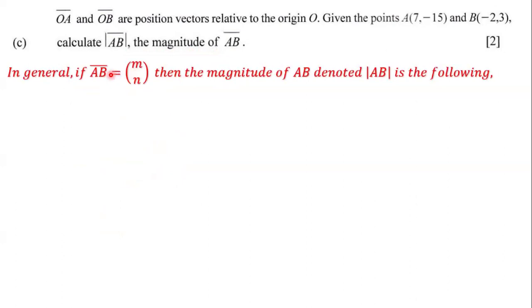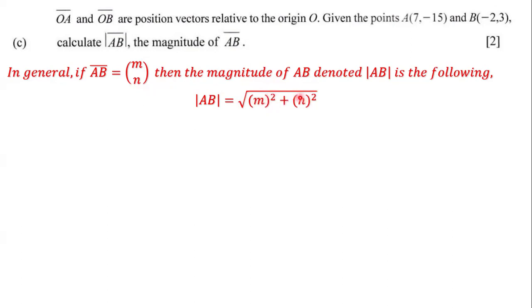In general, if AB is equal to (m, n), then the magnitude of AB is the square root of m squared plus n squared. m is the component on top, so we square that, and we take the component at the bottom and also square it.